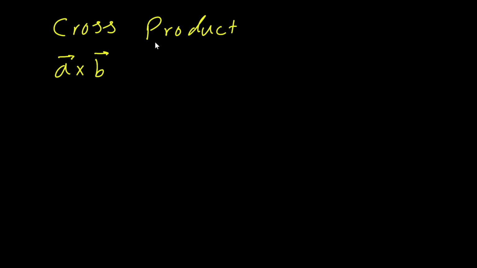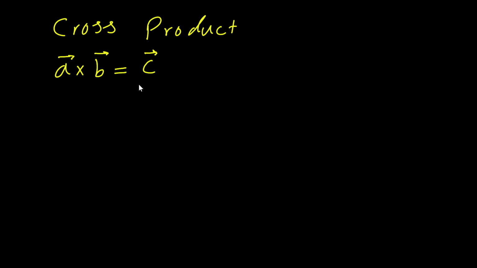Moving on to the cross product. When we do the cross product, let's say we have vector A crossed with vector B, the result will be another vector, let's call it vector C. In the dot product, the result is a value, a number that we get, not a vector.